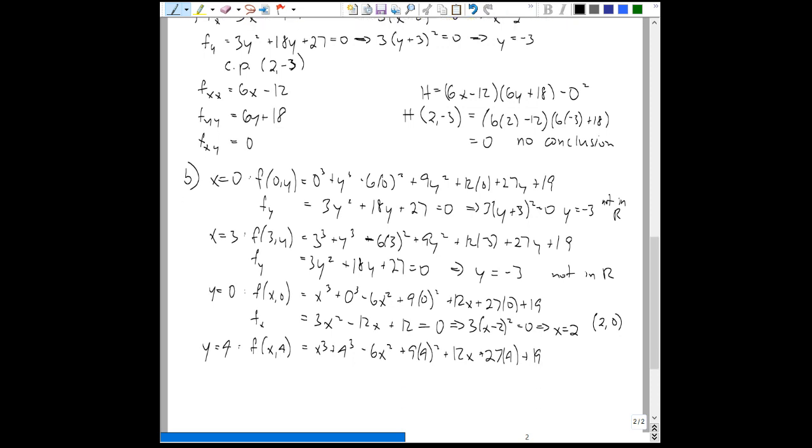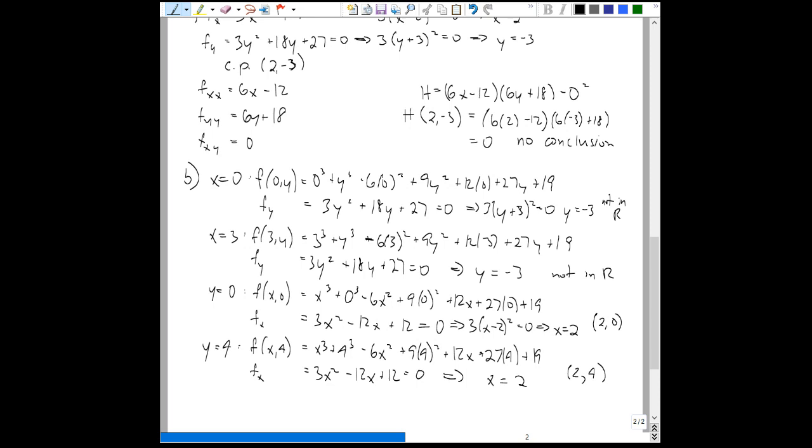But once again, when we take the partial derivative, all those constants will go away, and we will wind up with 3x squared minus 12x plus 12 equals 0. Once again, this is just going to solve out to give us x equals 2. By coincidence, these happen to turn out to be the same. And this also gives us a new boundary critical point, (2, 4).